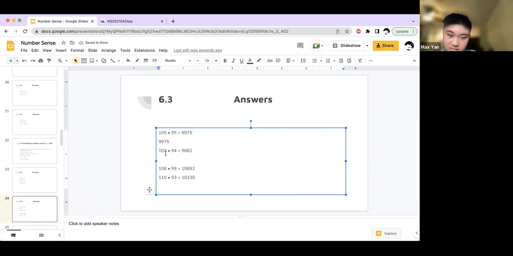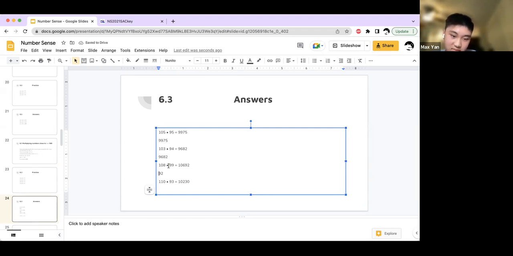Here we have 3 times 6, 18. 100 minus 18, we would get 82. 103 minus 6, 97, and then we have to subtract another one, 96. 108 times 99, we have 8 times 1, 08. 100 minus 08, 92.